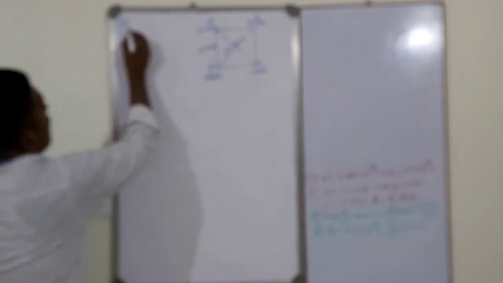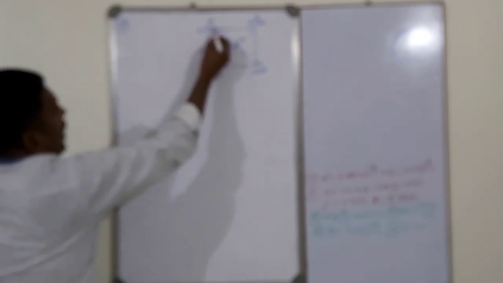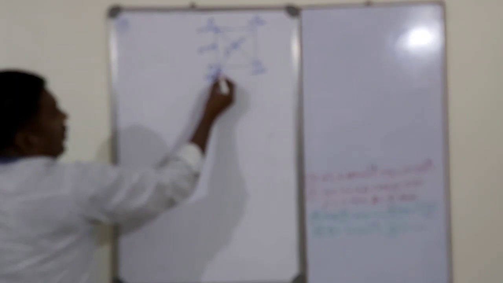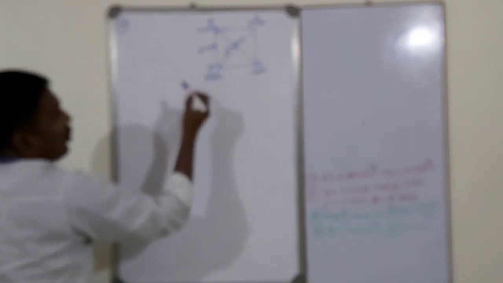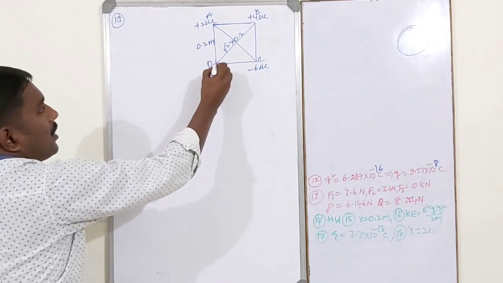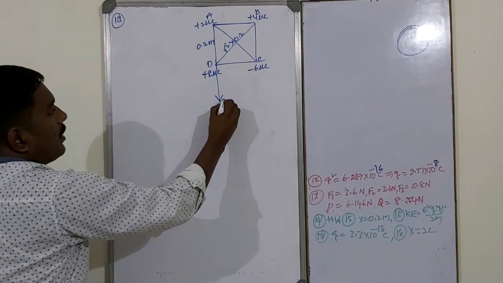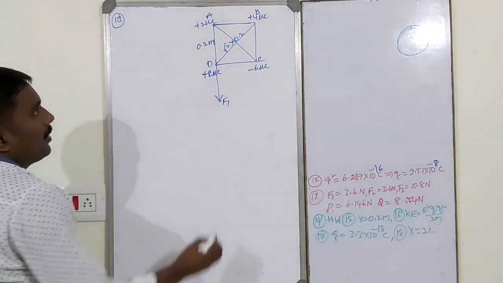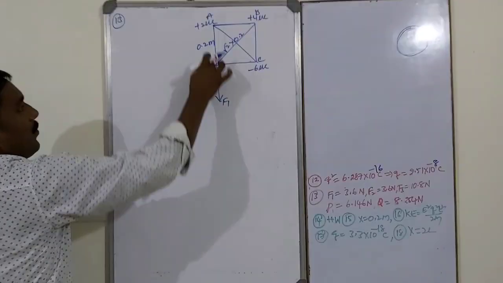Because of the charge at A, some force will act on the 8 microcoulomb charge placed at D. This is positive charge, this is positive charge, so the direction of force is like this. It is F1, a repulsive force.